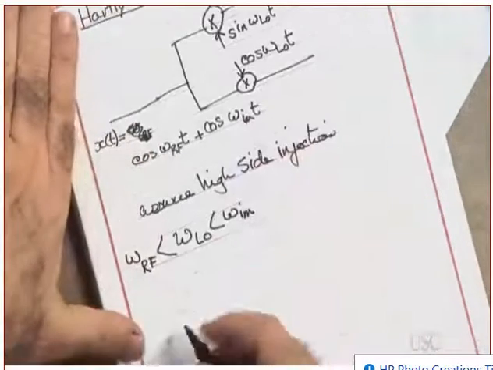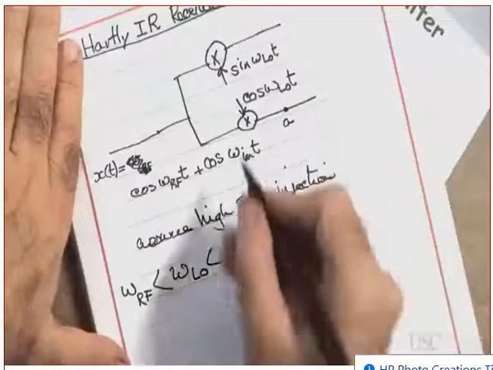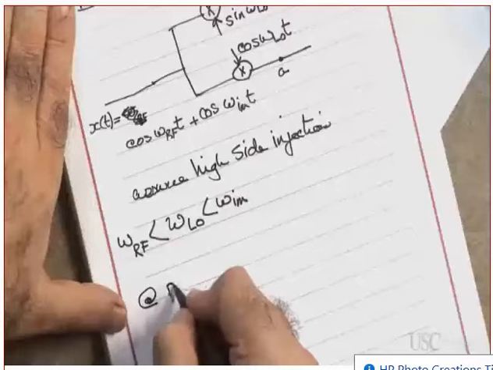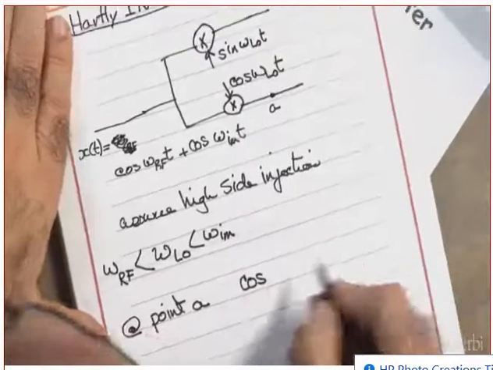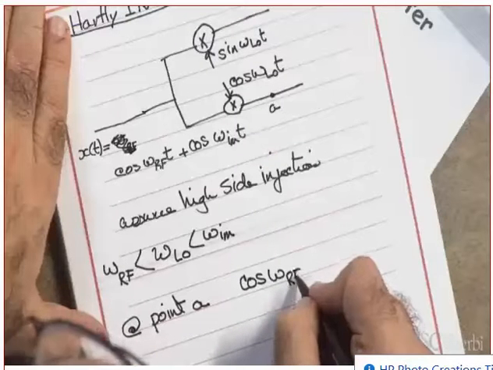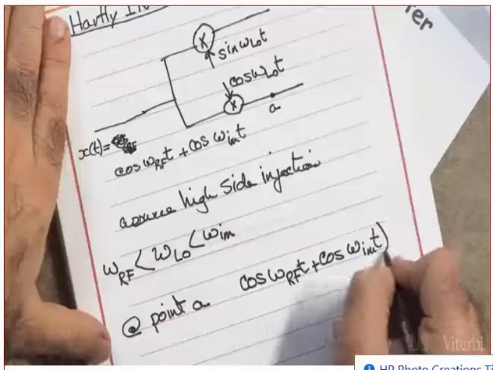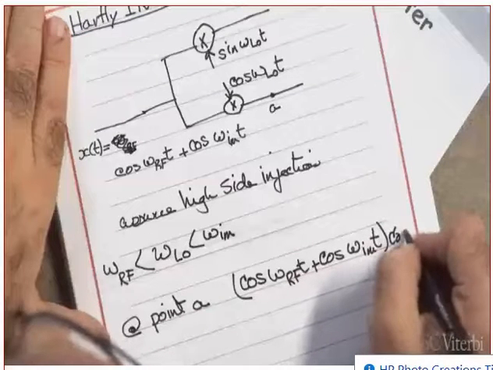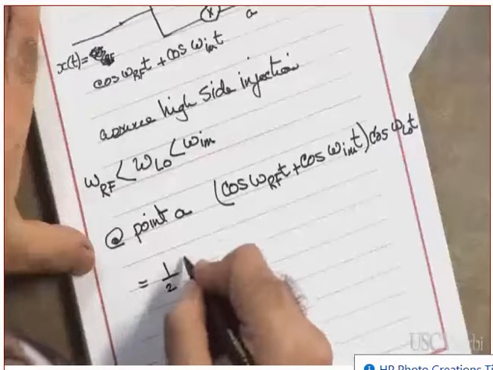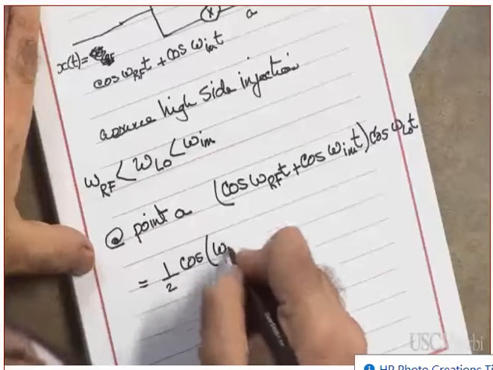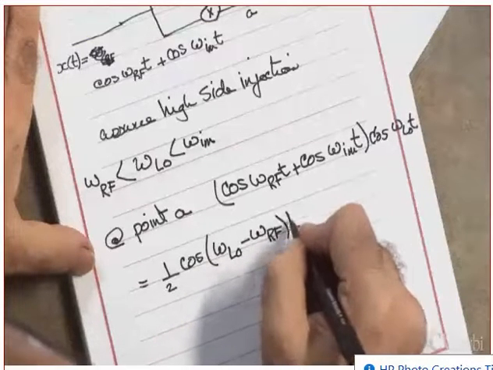Look at this one here. It's cosine. So at point A, we'll put the 90 degree in just a second. At point A, we have cosine omega RF t plus cosine omega IM t multiplied by cosine omega LO t, which is 1/2 cosine omega LO minus omega RF t.